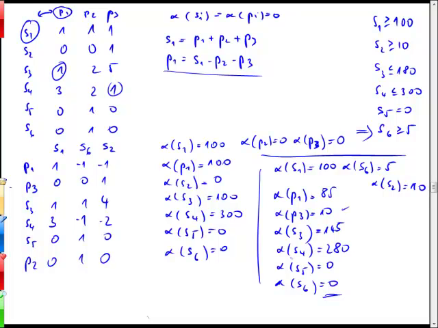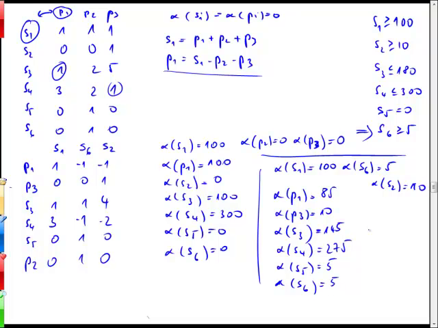S4 is 5 less. S5 is now 5. And S6 is also 5. So we are done with this pivoting step.